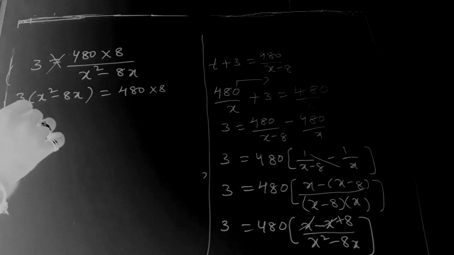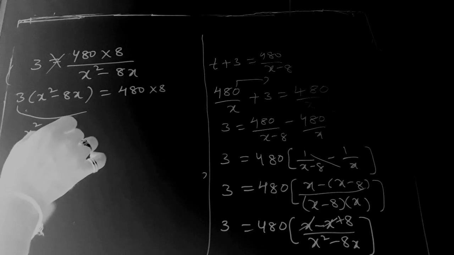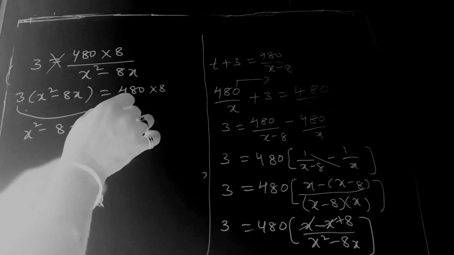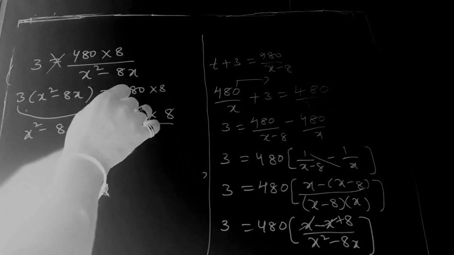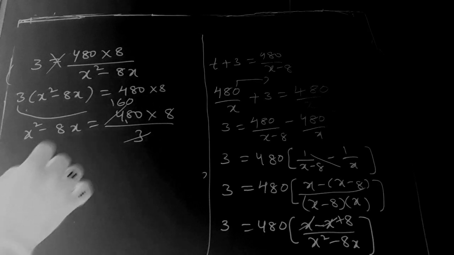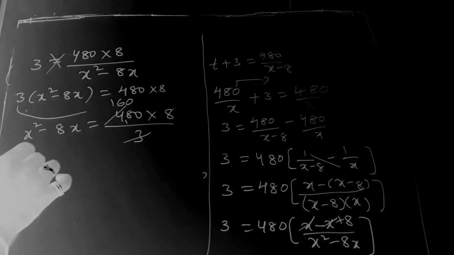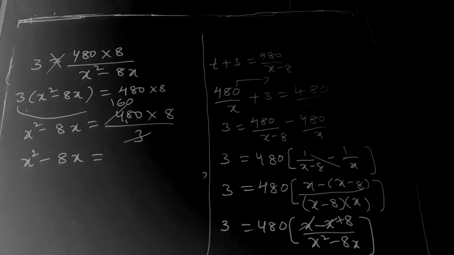So here 3 it is in multiplication, it goes to division, x square minus 8x is equal to 480 into 8 by 3. 3 1 time 3, 3 6 18, 160. That is equal to 160 into 8.